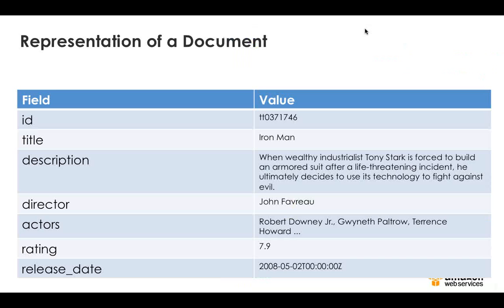So every search document has an ID, and this ID is unique within the search engine and identifies this particular target, this document. Then we have our set of pieces of information that we've collected together about this document. So we have a title, description, director, actors, etc. All of this information comes together and is structured as essentially fields and values for the search engine.